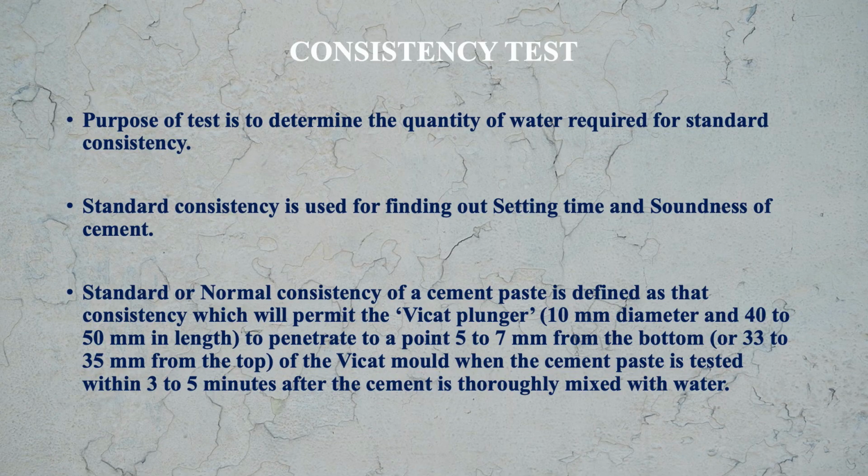Because the Vicat mold is 40 mm high, if you are measuring from the bottom, the penetration should be up to a point 5 to 7 mm from the bottom. If you are measuring from the top of the mold, it is 33 to 35 mm from the top. At this penetration we say that the consistency is the standard consistency.